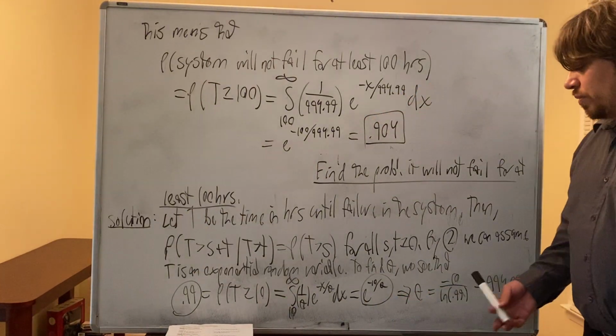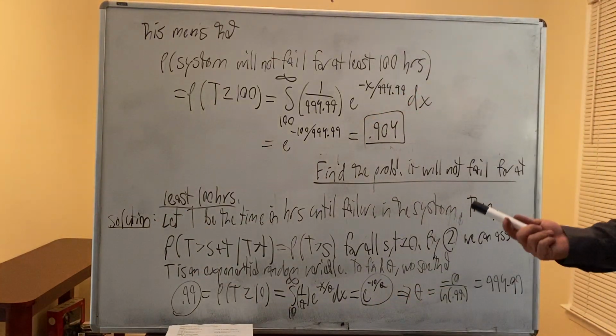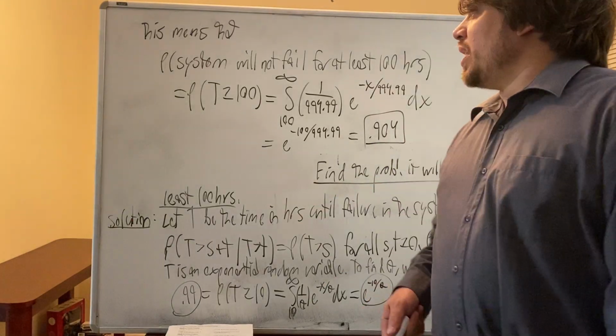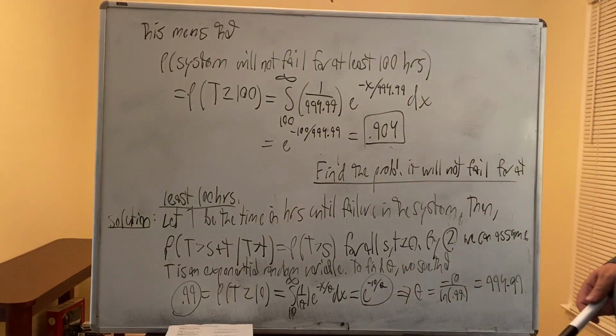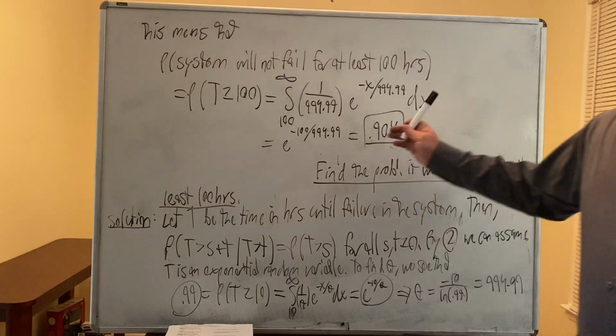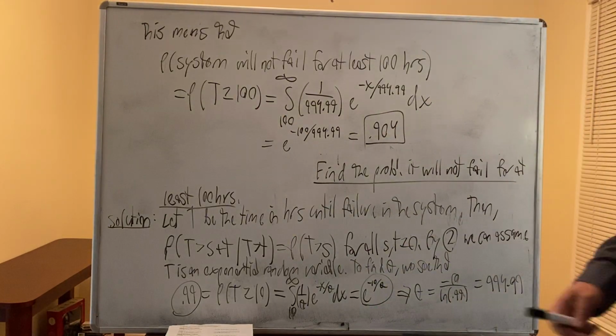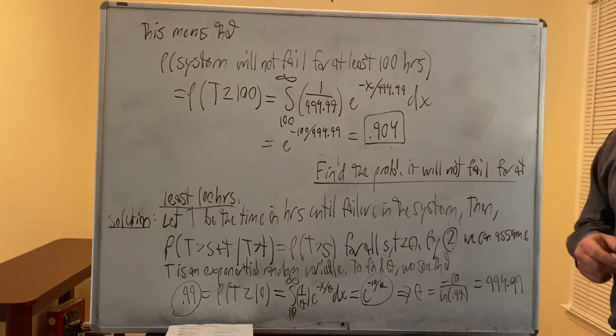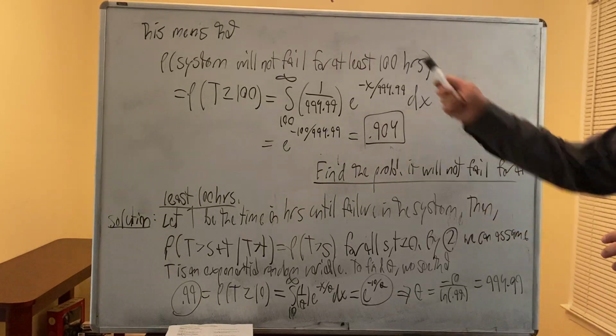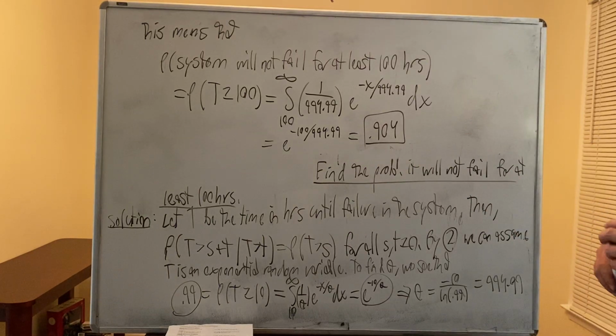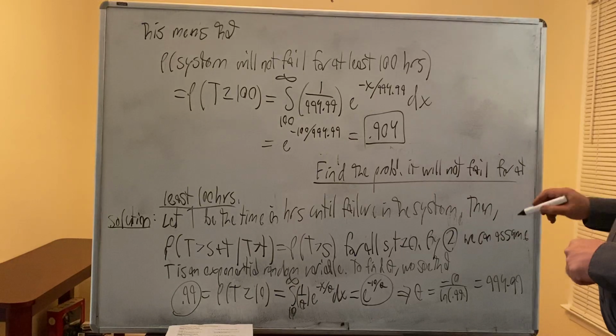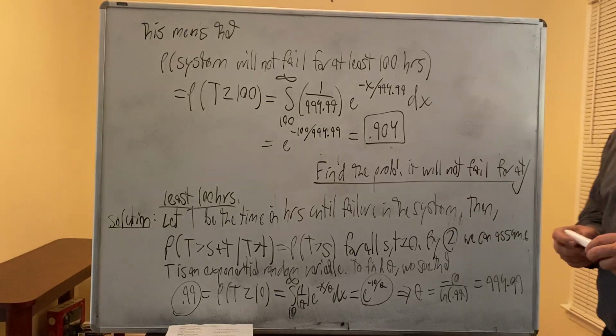Okay, because once we find theta, we now know the PDF for this exponential random variable, and then we can plug it into the integrand of this integral used to represent the probability we want. And then calculating the integral gives us the probability that we want, the probability the system will not fail for at least 100 hours. Okay? And that's example 5.13.